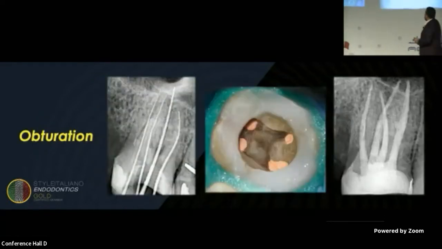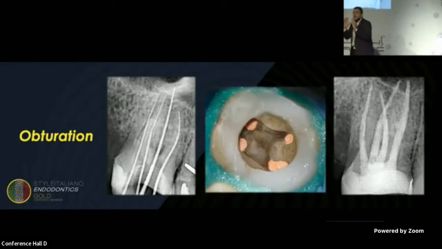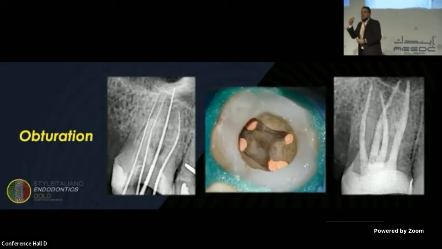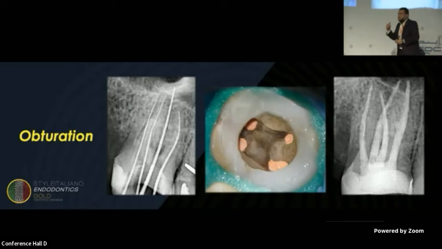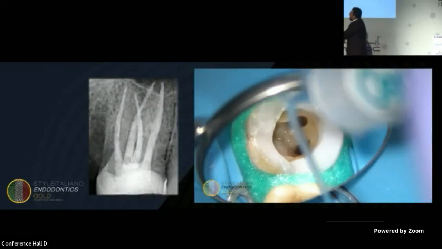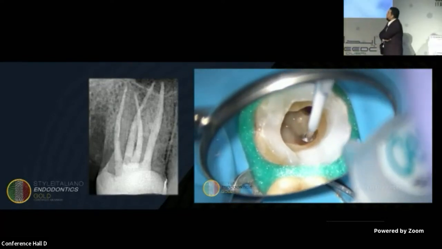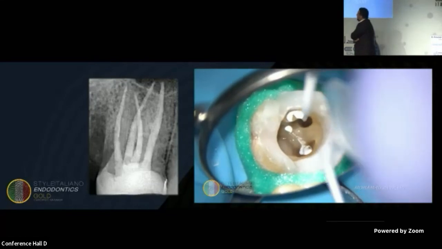And here's the case after obturation. We can appreciate the presence of an isthmus between the 2 palatal canals, which got filled by sealer, mostly sealer, because in this case, I used a single cone with bioceramic sealer. Here, in the palatal canal, I'm putting my bioceramic sealer in the disto-palatal.